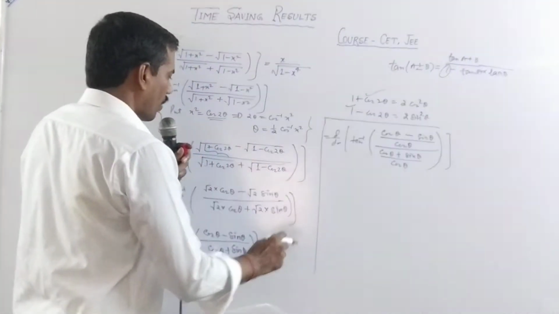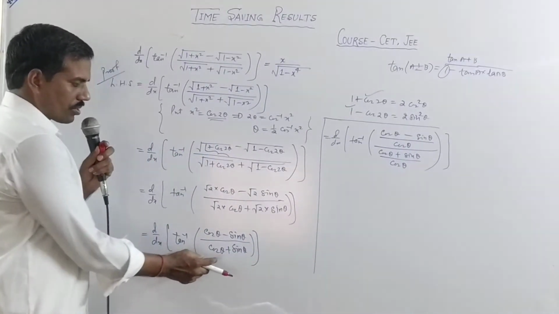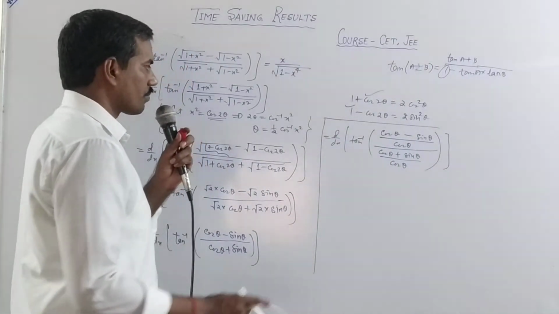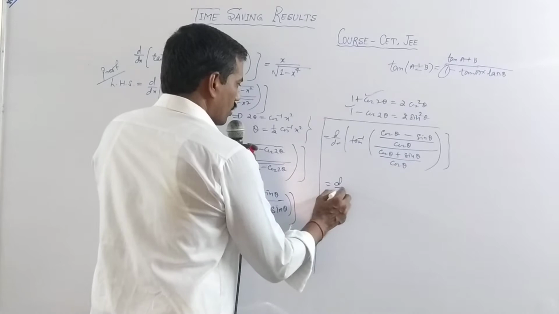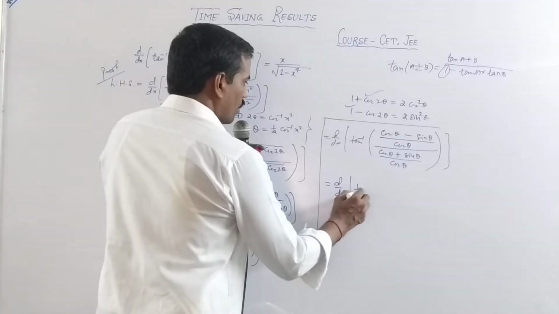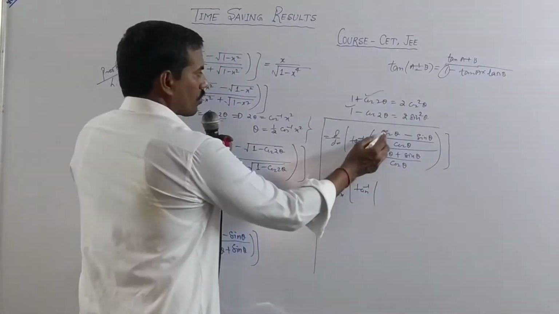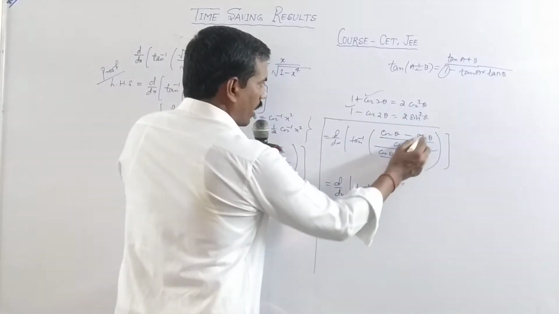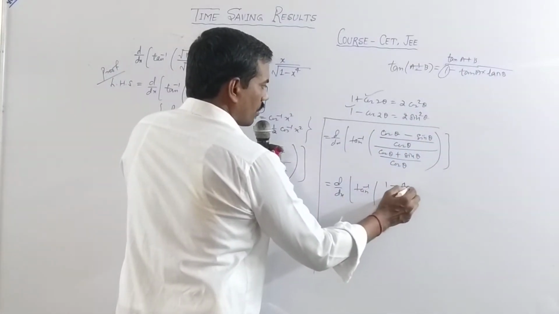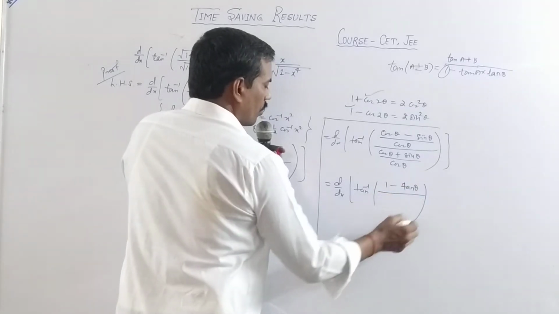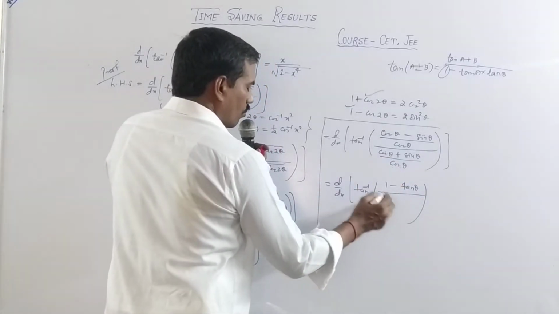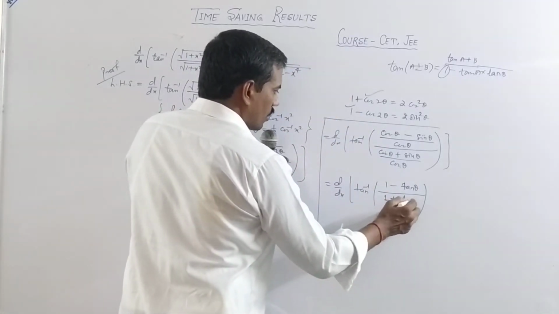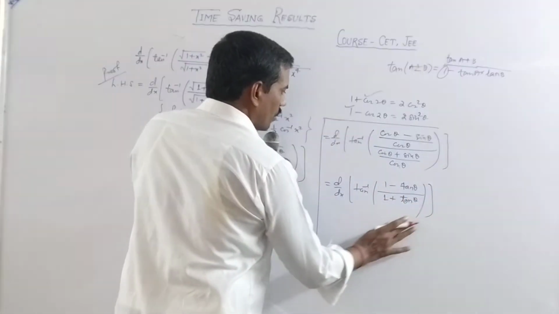So for this, dividing by cos theta in numerator and denominator. The next step is d by dx of tan inverse of cos theta divided by cos theta is 1, minus sin theta upon cos theta, that is tan theta, whole divided by cos theta upon cos theta 1, plus sin theta upon cos theta is tan of theta.